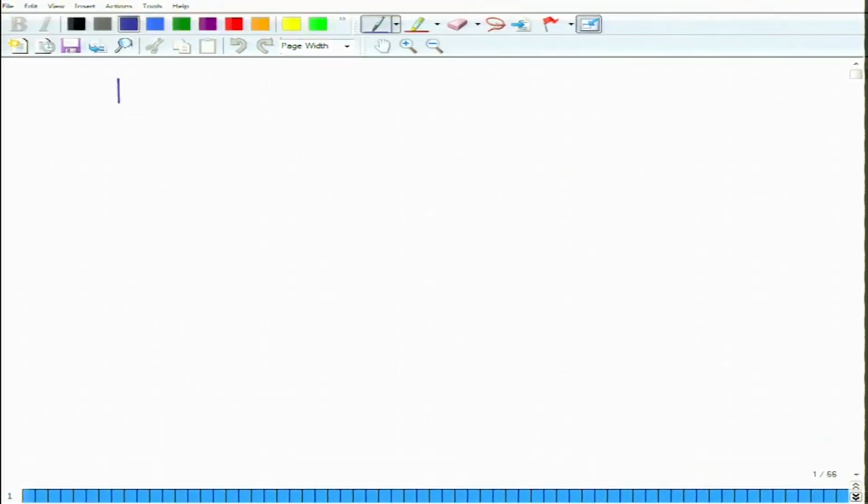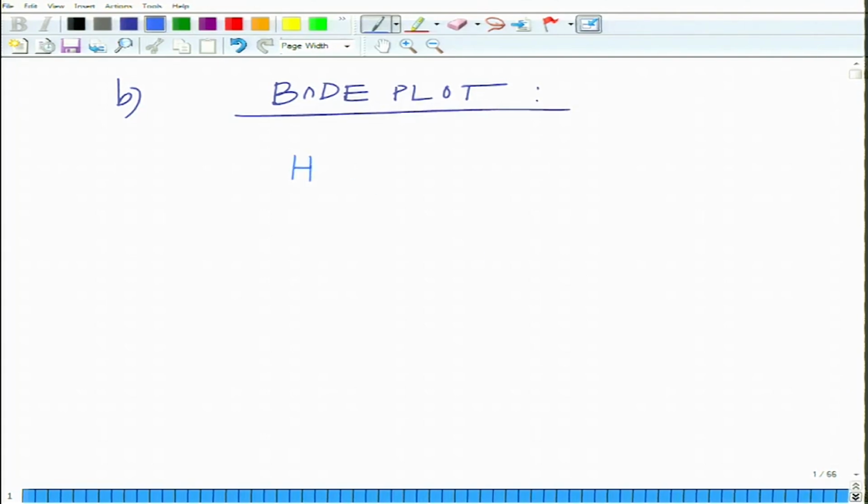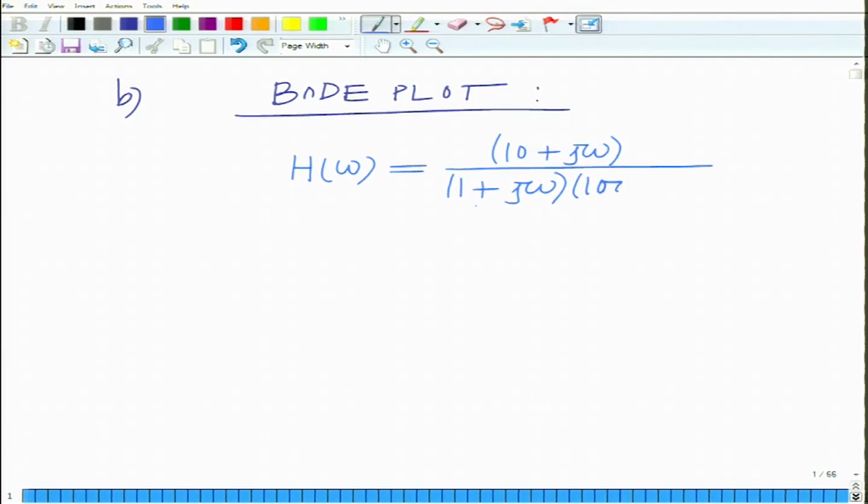So, this is our example B for the Bode plot, and let us take an example H of omega equals (10 plus j omega) over (1 plus j omega) into (100 plus j omega).